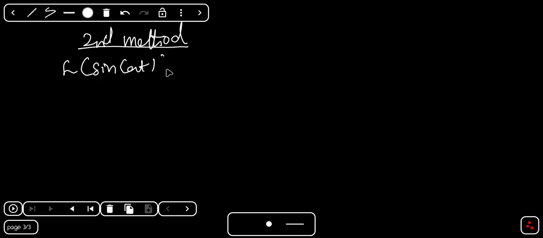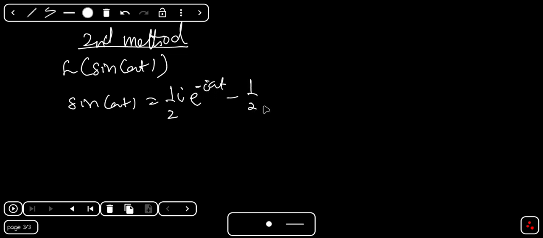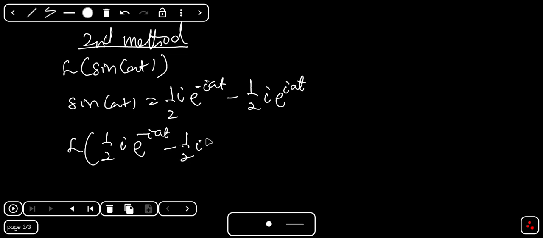Now remember that sine at is equal to 1 over 2i multiplied by e raised to the power of minus iat, then minus 1 over 2i multiplied by e raised to the power of iat. Then if you now take the Laplace transform, that is the Laplace transform of 1 over 2i e raised to the power of minus iat, then minus 1 over 2i e raised to the power of iat.